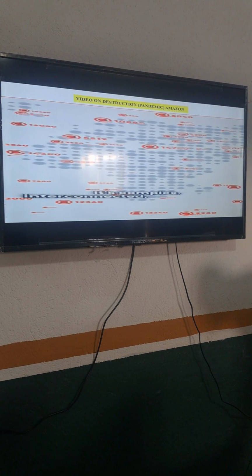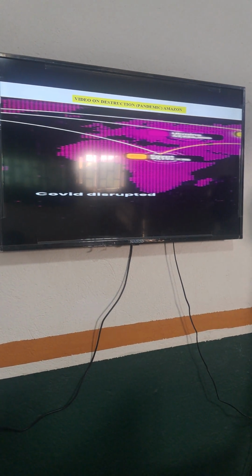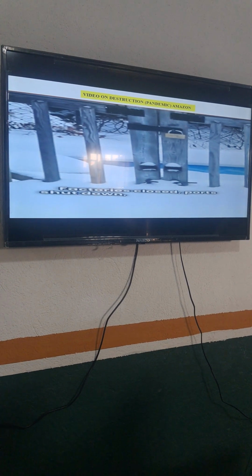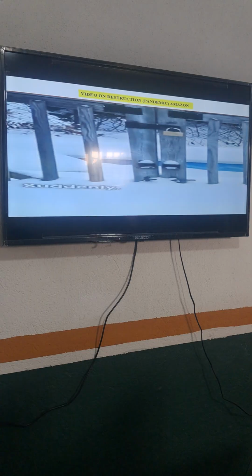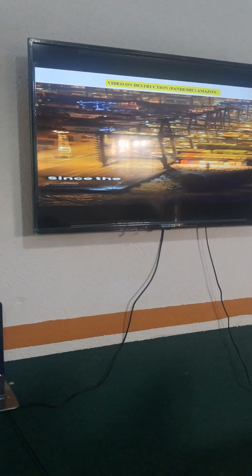A global supply chain is how raw materials, parts, and finished products move across countries, from factory to customer. It's complex, interconnected, and depends on timing and trust. COVID disrupted all of that. Factories closed, ports shut down, borders locked. Suddenly, a missing chip in China meant no car in Europe or Africa.